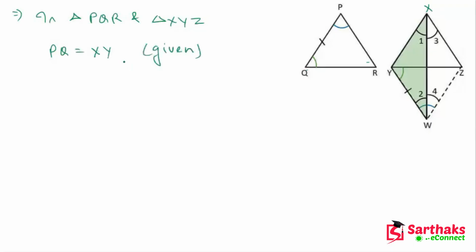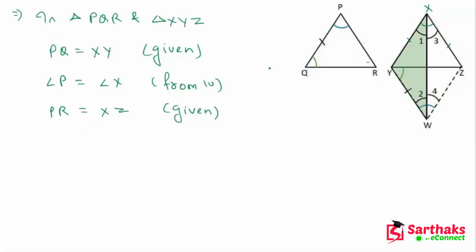We know that very well. Angle P is equal to angle X. This is from equation 4. And PR is equal to XZ. This is also given. Okay. Means here is side angle side.